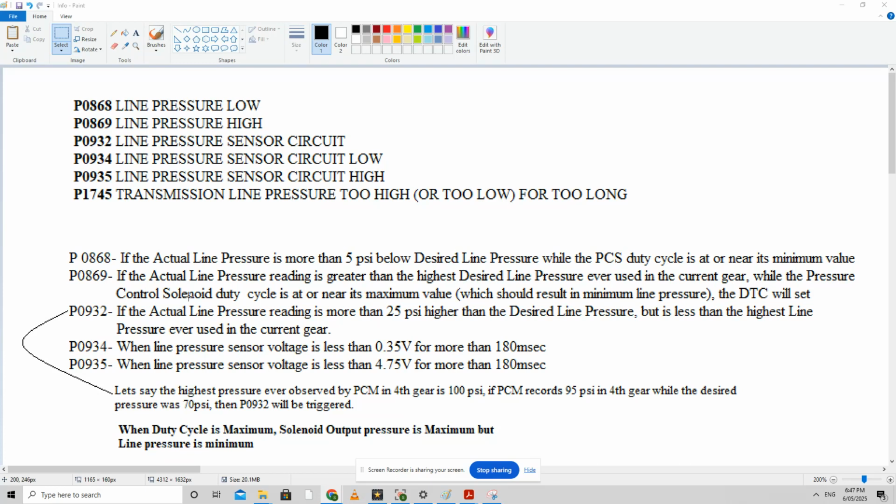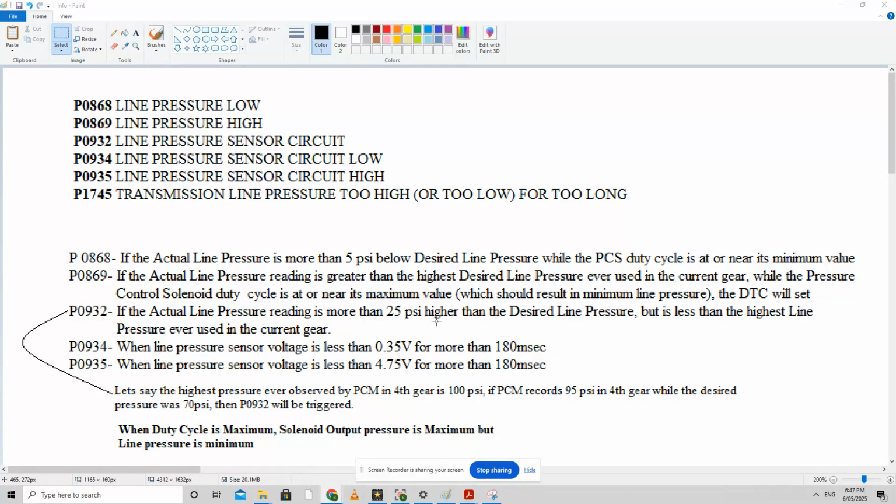Similarly, 869: if the line pressure reading is greater than the highest desired line pressure ever used in the current gear, while the pressure control solenoid duty cycle is at or near its maximum value, which results in the minimum line pressure, the DTC will set. Similarly, if the actual line pressure reading is more than 25 psi higher than the desired line pressure, but is less than the highest ever used in the current gear, then you'll get 932.